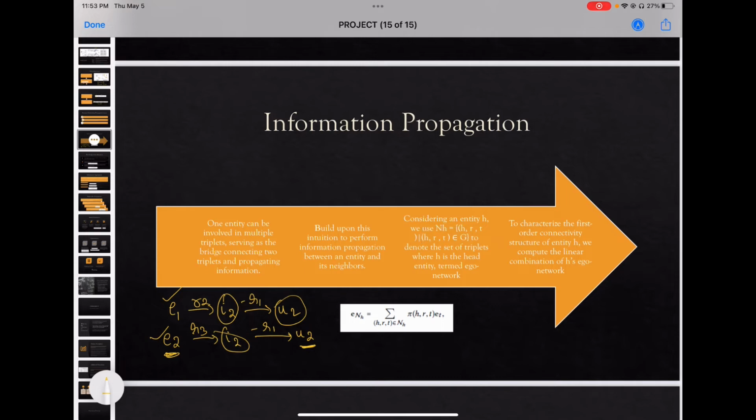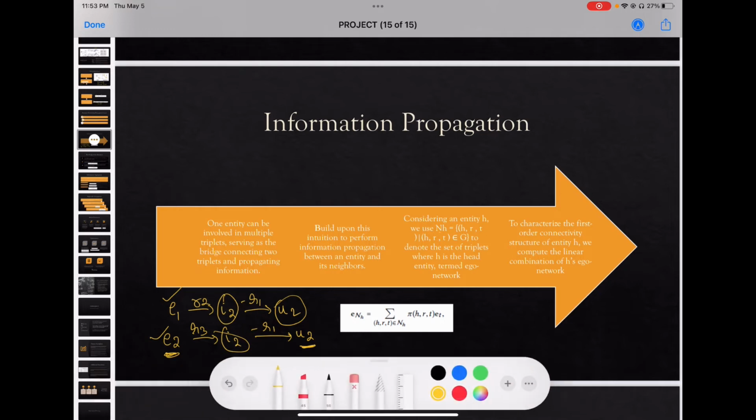Now, considering an entity H, we use NH, which is in this format, to denote the set of triplets where H is the head entity, and this is termed the ego network.